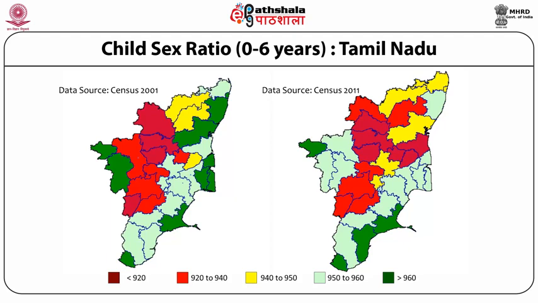In 2011 we saw some improvements in Salem, in parts of Tamil Nadu, but what we are seeing is an incredible shift towards eastern parts of Tamil Nadu. So this is something which is very disturbing, because ratios which were not affected in the 80s, 90s or 2000 have dropped in 2011.